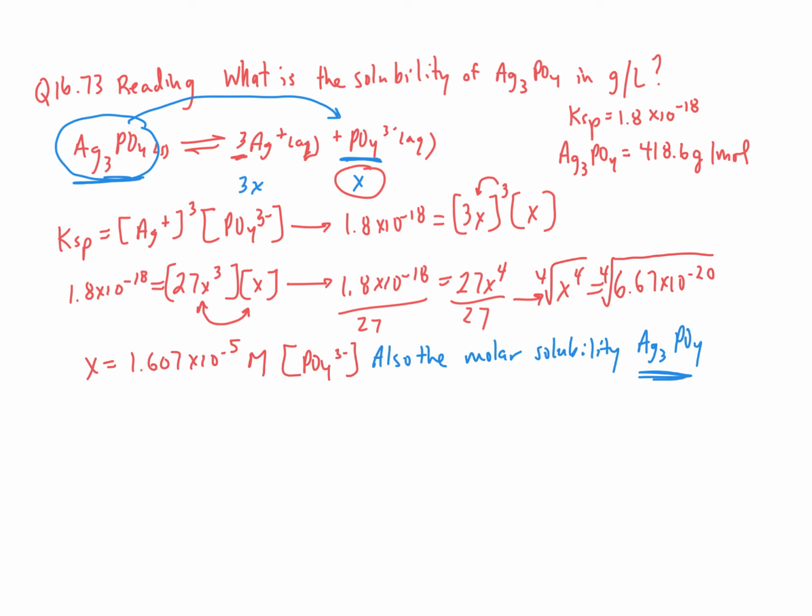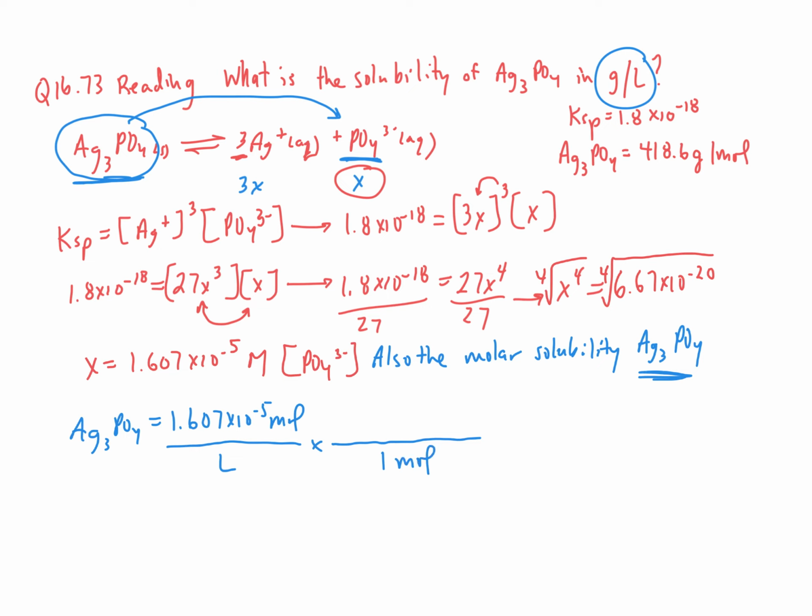So now we can calculate the final question because we know that the molar solubility of silver phosphate is 1.6 times 10 to the minus 5. Molarity is moles per liter, and we want to turn that into grams per liter. So I want to multiply that by something and get moles to cancel out.